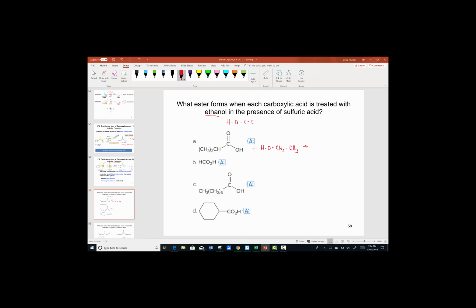What will that make in a Fischer esterification reaction? Predict the products. Notice that we're always forming a water, and that's by taking the proton here with the OH here. That combines to make your water molecule, leaving the OCC to go onto the original OH group.